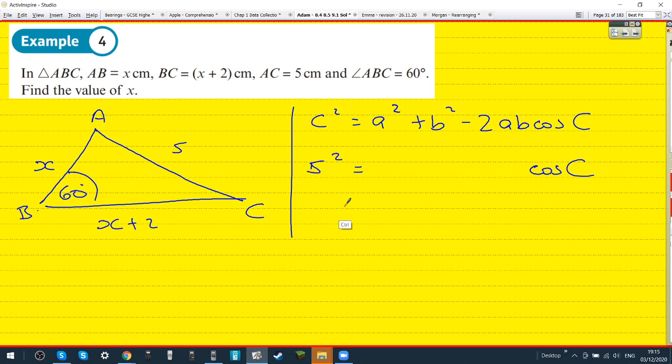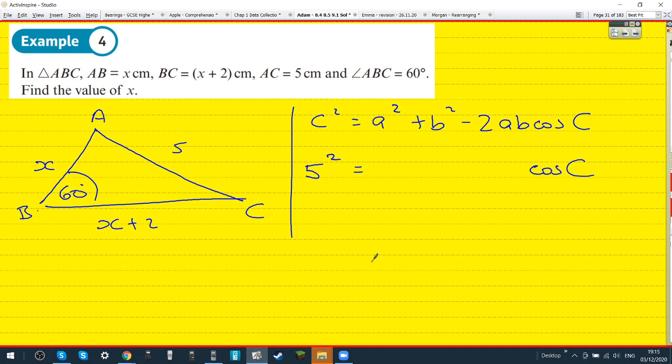Wait, I'm confused about what we're working out, because I thought we were working out the side x, but there's no angle opposite. We'll just have to work harder. We'll have to rearrange this once we've subbed it in to get x. Unfortunately.